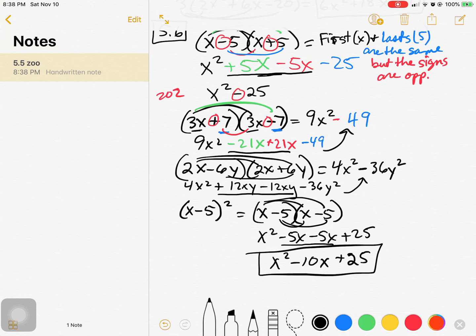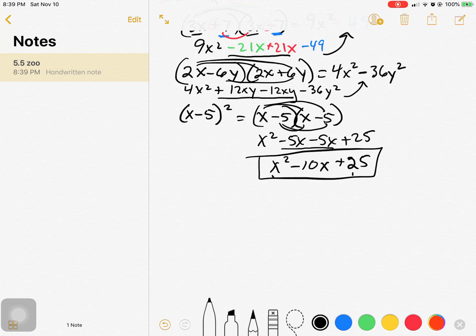When there's two negatives or two positives, you're going to keep the middle term, and you're going to have a square and a square on each end, and then a combination in the middle. So it's really nothing to remember. You're just doing the same thing.